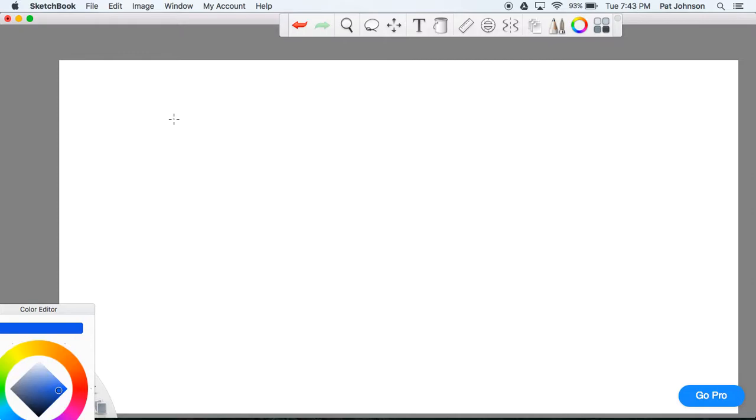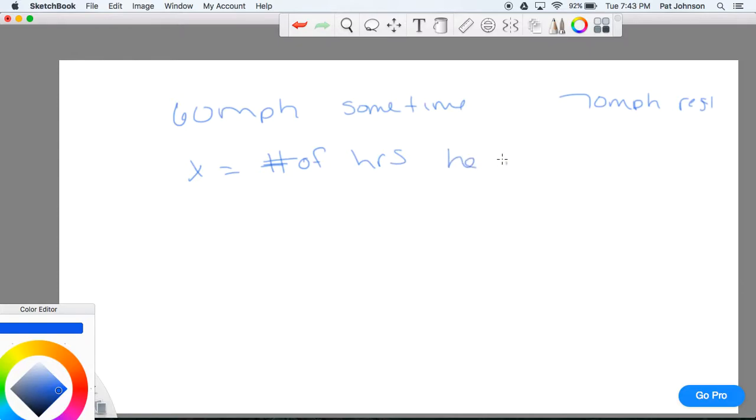So let's know what we know. So 60 miles per hour for some time and 70 miles per hour the rest of the time. So we're going to let x equal the number of hours that he drives at 60 miles per hour.